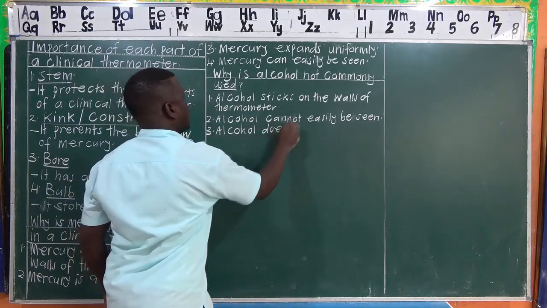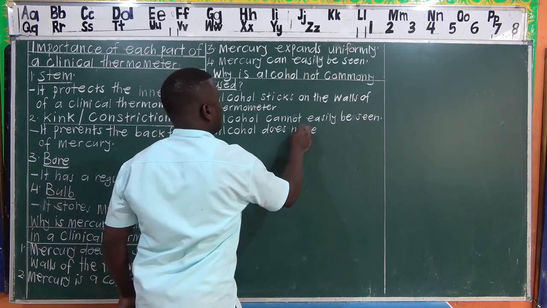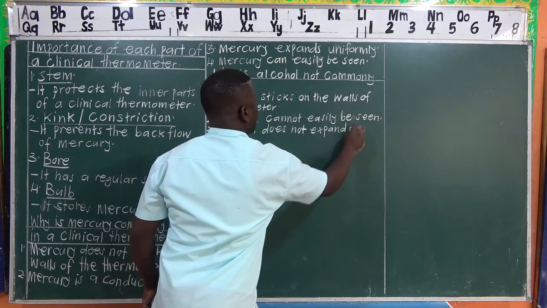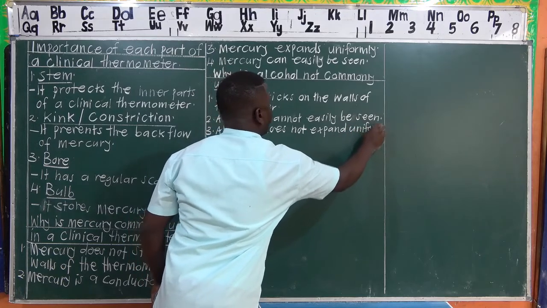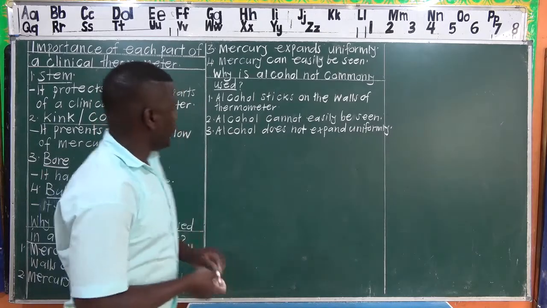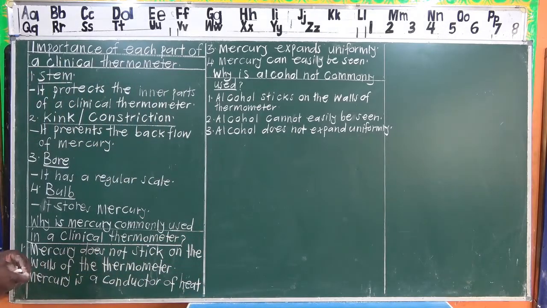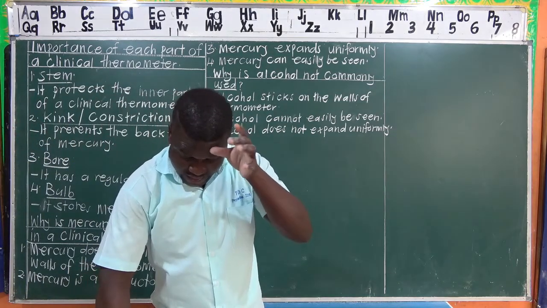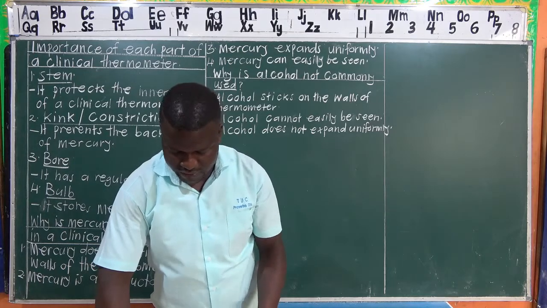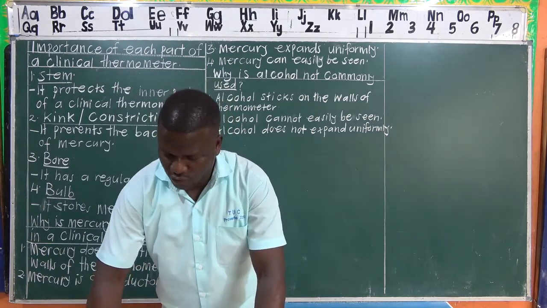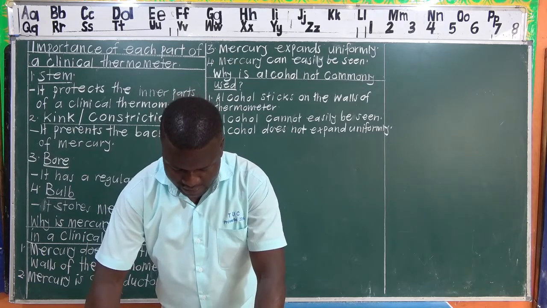Alcohol is also a bad conductor of heat, and so on. Those are some of the reasons why alcohol or water is not commonly used in clinical thermometers.